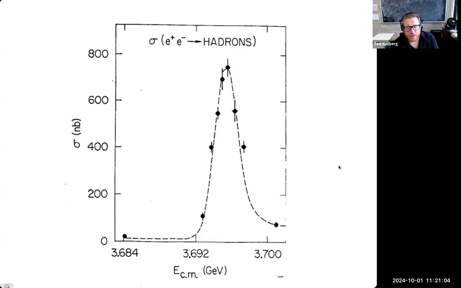The discovery of what will eventually be called the Psi 3096 and the Psi 3685, which is the one pictured here, was a period of intense spectroscopic work on bound states involving charm quarks, which continued for many decades after the discovery.